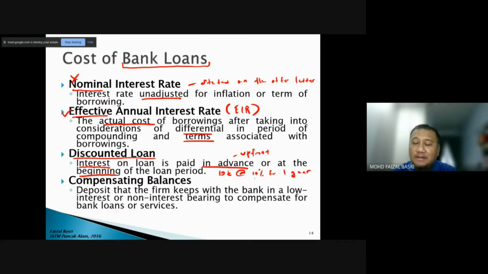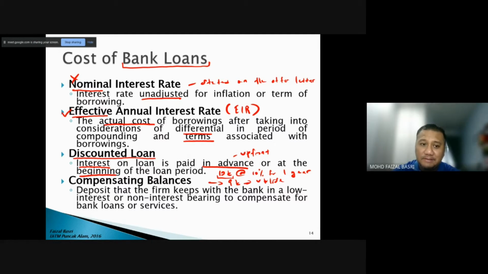So that 1,000 ringgit interest you have to pay upfront. So when you borrow 10K from the bank, 1K will be deducted because you have to pay the interest upfront. So what's the balance? 9K. So this 9K only, you can utilize it. Instead of you borrowing 10K, because the interest is upfront, the 1K will be deducted from your loan. So the amount that you can utilize is just 9,000 ringgit.